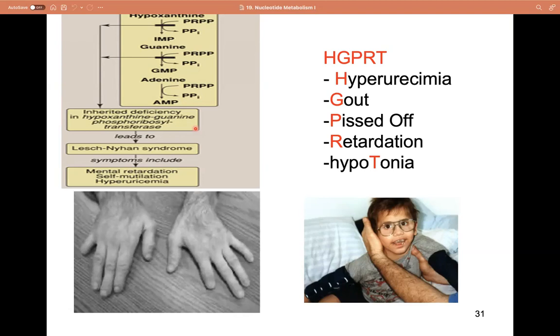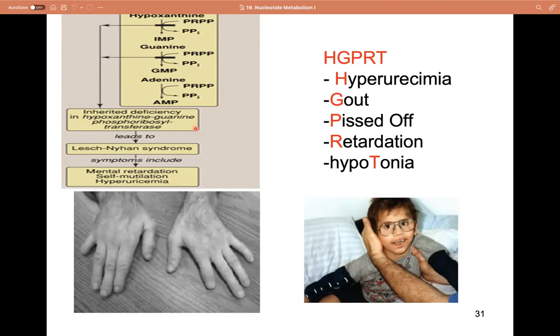Scientists think it may be because of some accumulation of something in the brain, producing this self-injurious behavior. Another thing they do is sometimes hit their arms against something, or hit their head against the wall. So right off the bat, that's the first thing I'm going to tell you. Self-mutilation is a characteristic feature of Lesch-Nyhan syndrome.